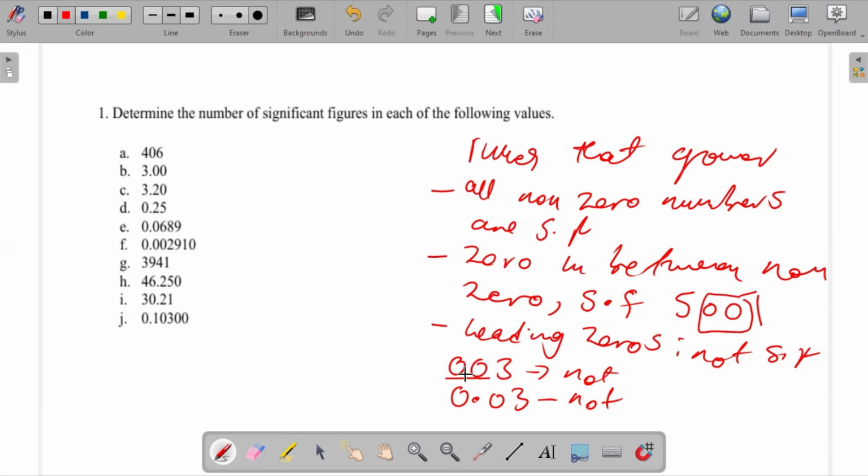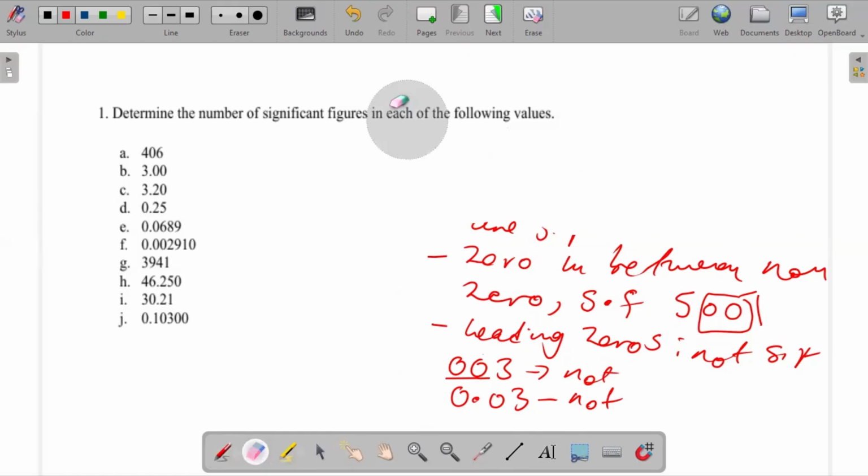Like in our examples here, this is 3, a non-zero number, and you're having these two zeros in front of 3. So these are not going to be significant. Whether there's a decimal point or not, they are not significant figures. I hope people are clear there. So that's about leading zeros.